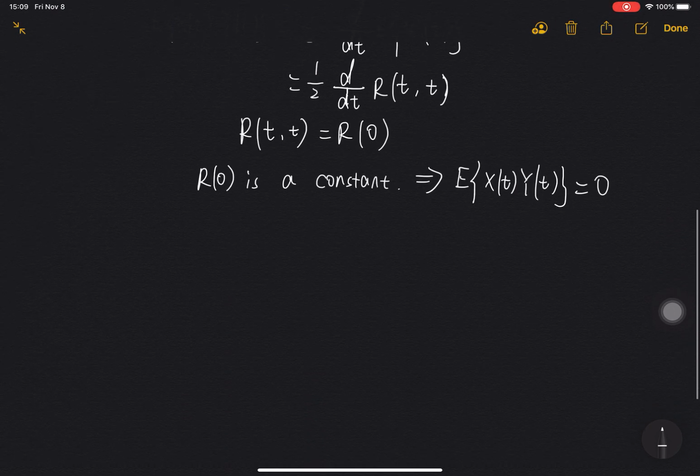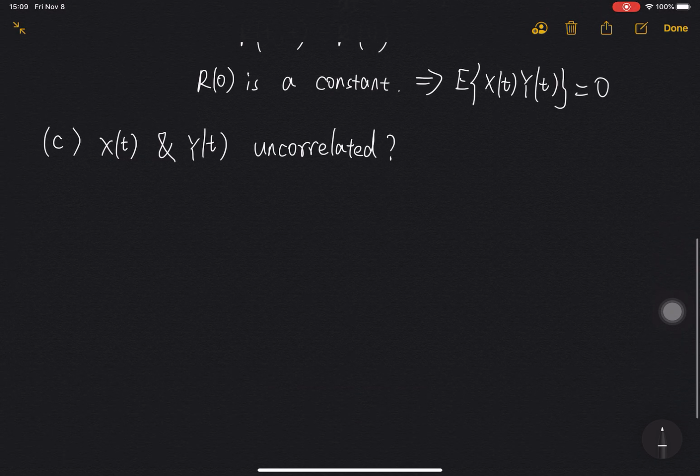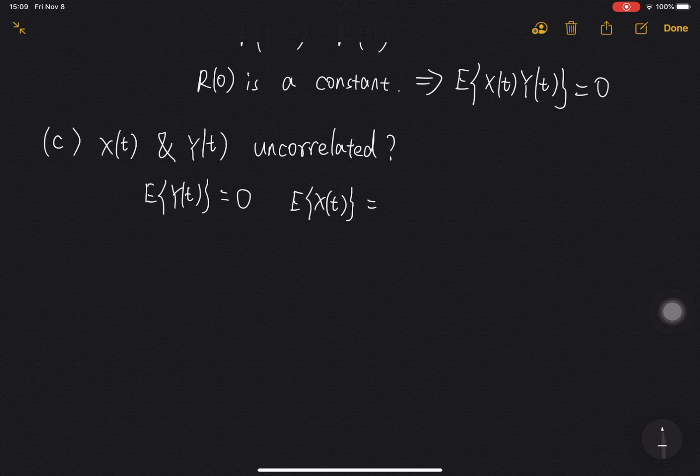Okay, and next question C. We want to know if xt and yt are uncorrelated. We know that the expectation of yt is 0 and the expectation of xt is a constant.